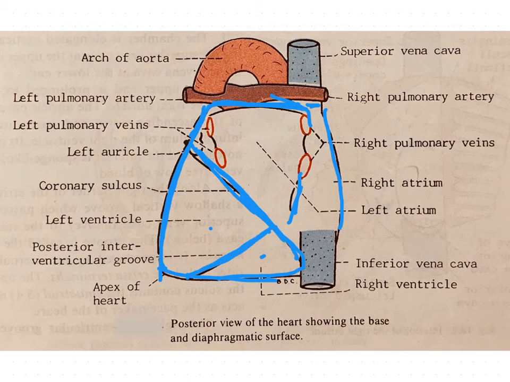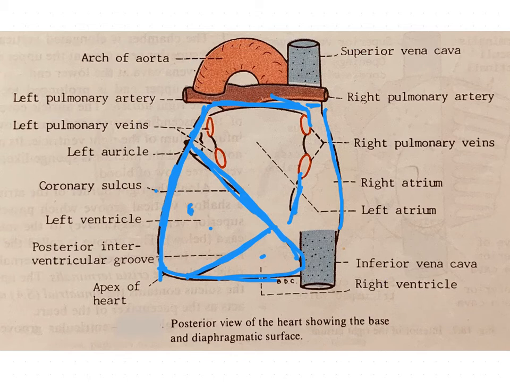Okay, and the left surface is mainly formed by the left ventricle. So this is the left surface which is mainly formed by the left ventricle, and this border separates the anterior surface as well as the left surface of this ventricle.